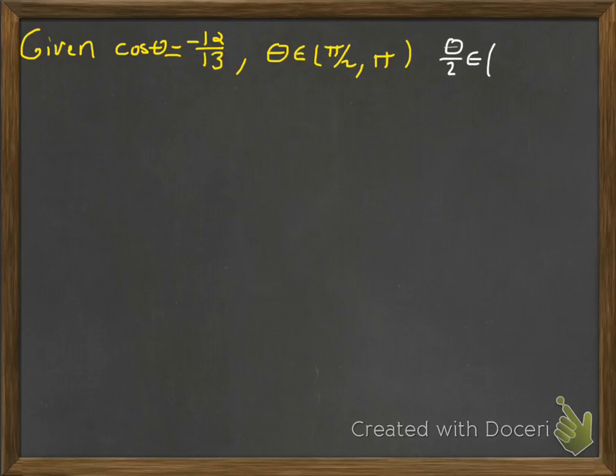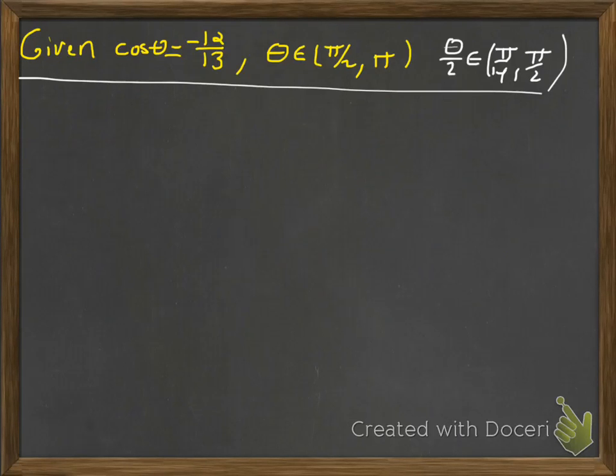So pi over 2 divided by 2 will be pi over 4. And then the pi will become pi over 2. So that's going to tell us that we're in quadrant 1. So since we're in quadrant 1, that means when we're doing the sine and the cosine half angle formulas, we'll go with the plus. So it'll be square root plus 1 minus cosine u over 2, 1 plus cosine u over 2, depending on if you're using the sine or the cosine.